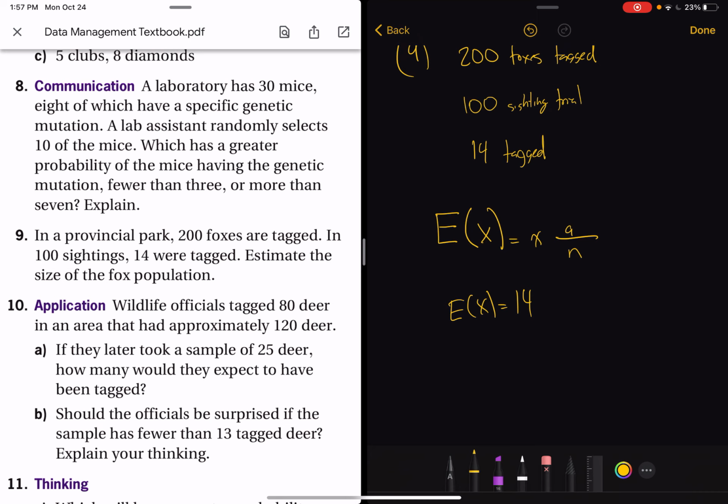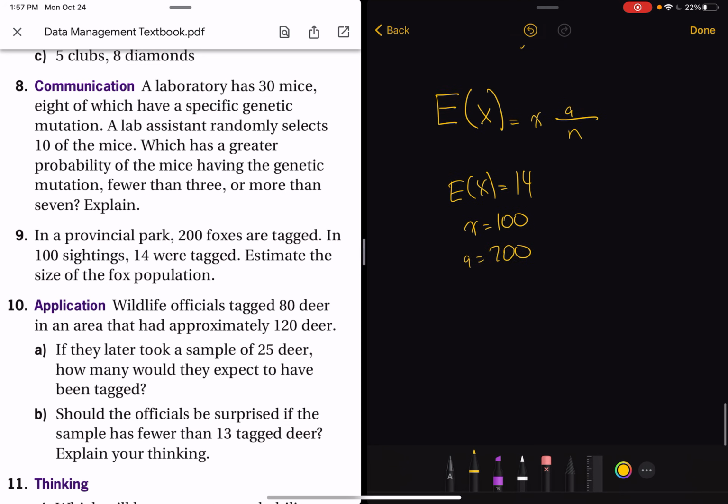Now, sightings is trials, right? So X is 100, right? And finally, available successes is 200. So essentially, we should say 14 equals 100 times 200 over N, right?